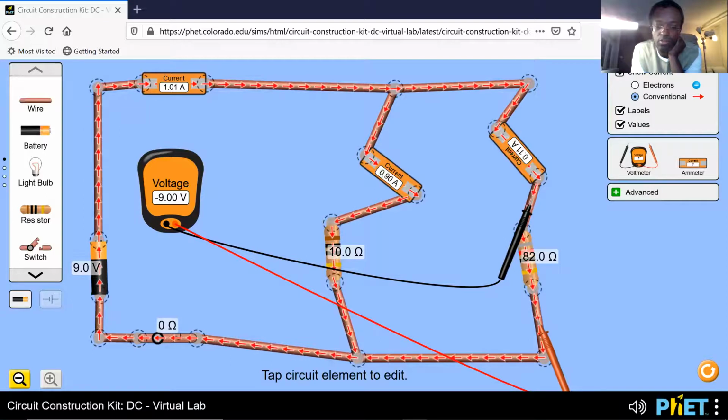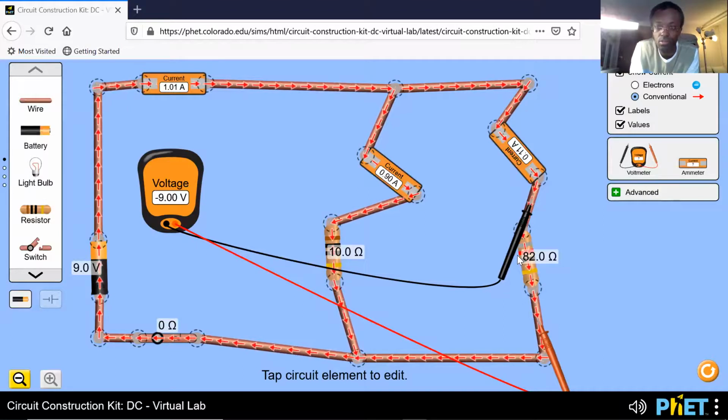I'm doing that on my calculator. And you see you get 0.11. And that's exactly what we have as the current through the resistor on the right. See that? So you do have enough columns and enough rows in the table.